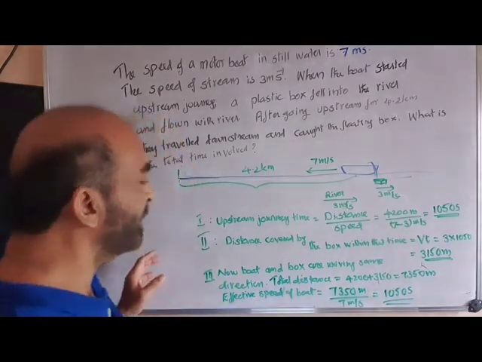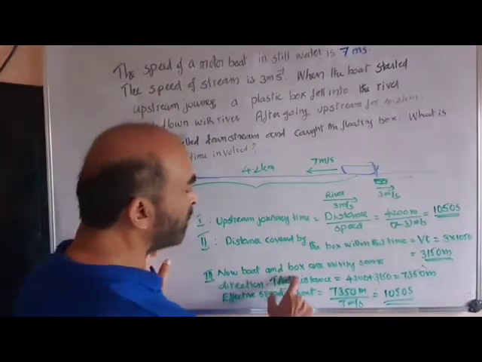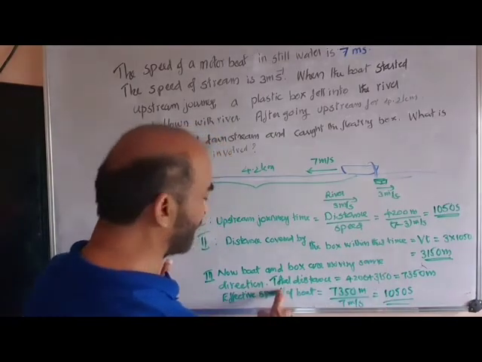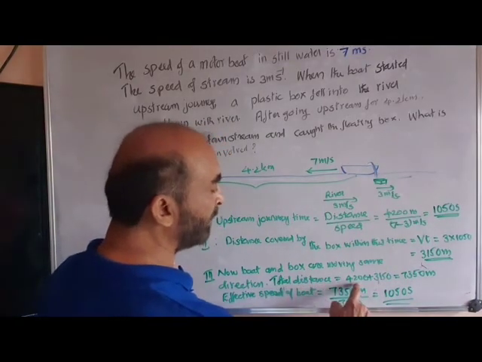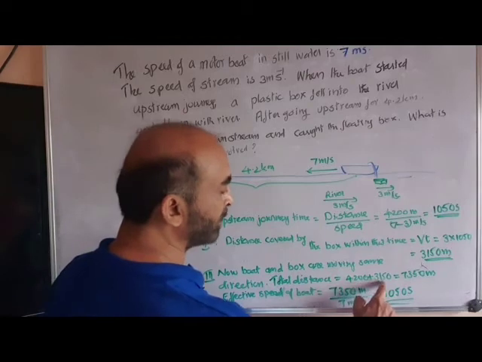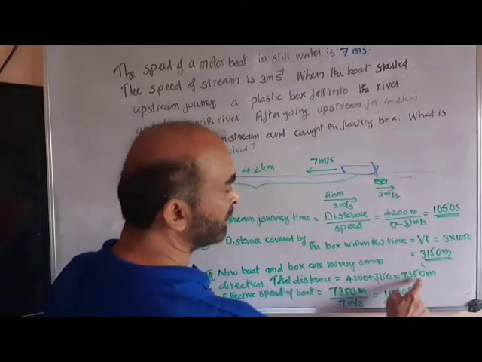So in the final phase, we can simplify the picture. Now boat and box are moving in the same direction. Total distance to be covered is 4,200 plus 3,150, 7,350.